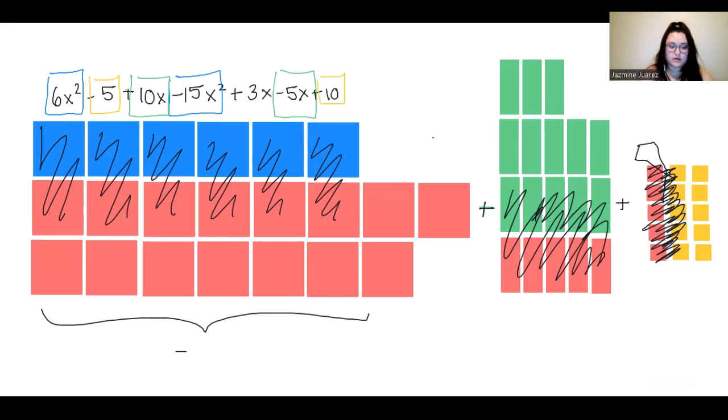Negative 9x squared. 1, 2, 3, 4, 5. 8x plus 8x. And then plus 5. So this expression right here is equal to negative 9x squared plus 8x plus 5.